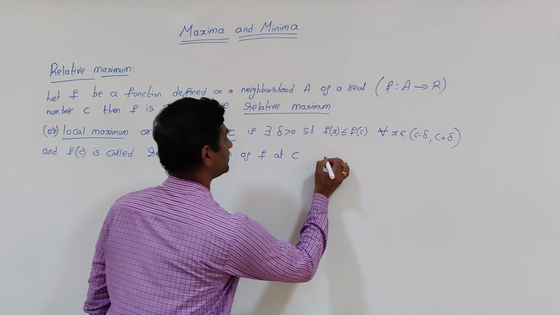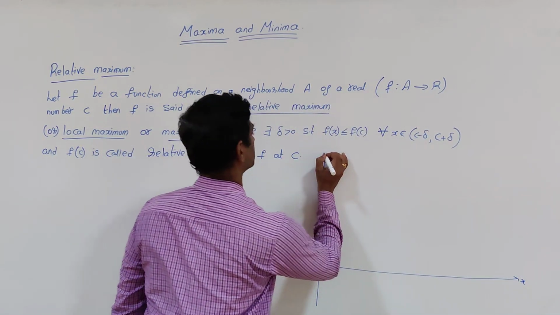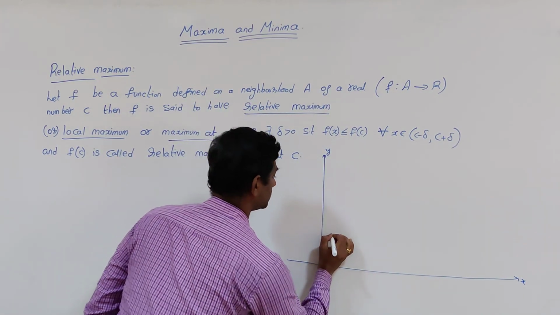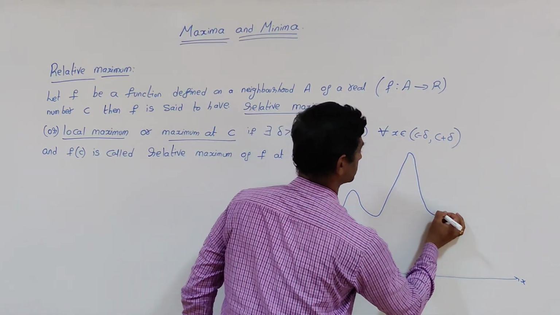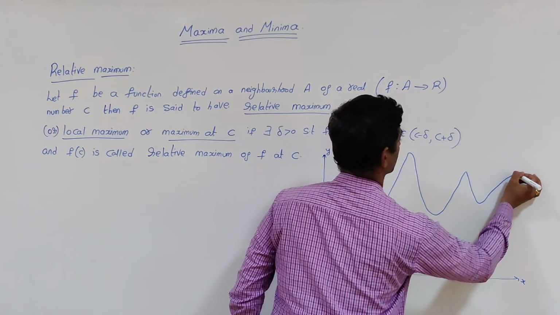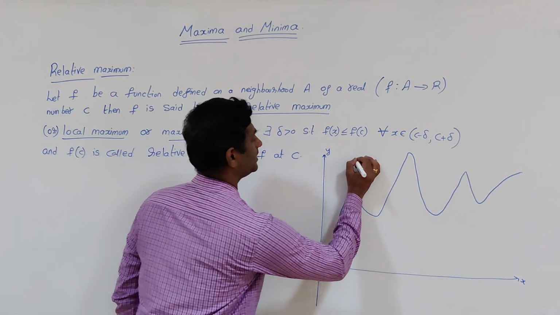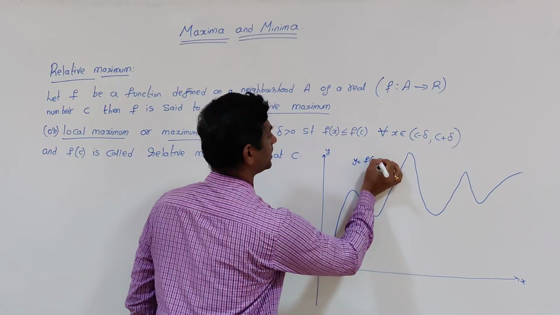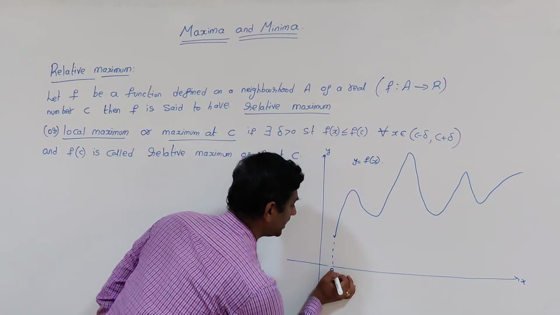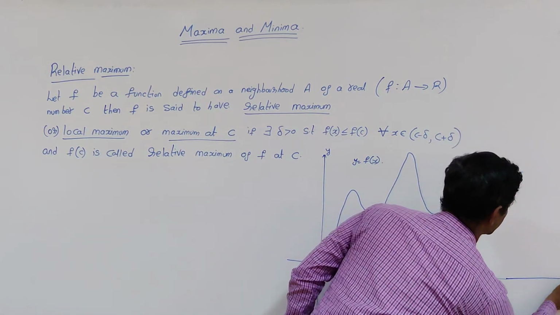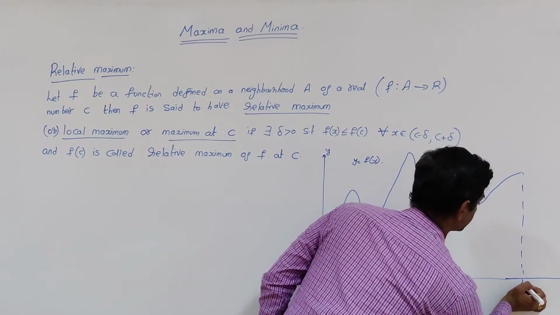So we'll see by this picture or graph, x-axis, y-axis. Suppose this is a curve y is equal to f(x), which is a continuous function defined on some closed interval [a, b].